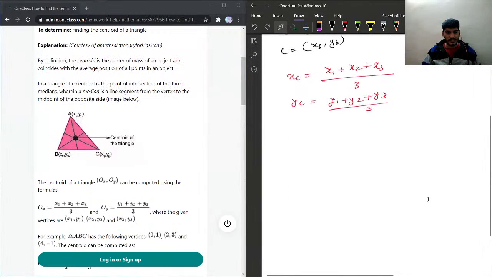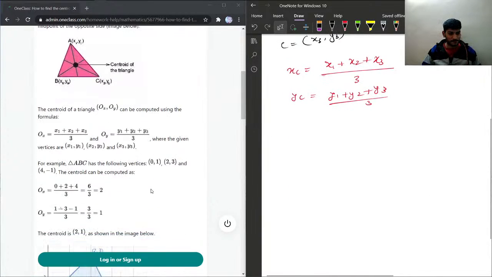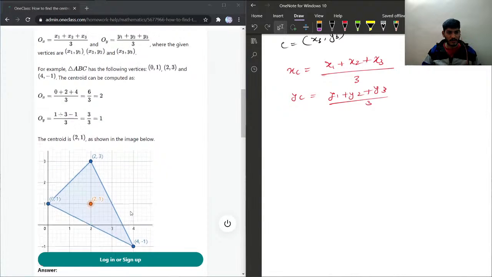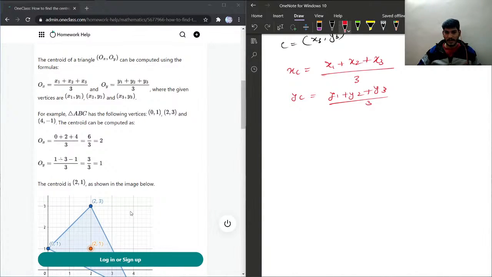So let's take the example given here. This is the triangle you can see in the figure. So we have the coordinates: A is (0, 1), B is (2, 3), and C is (4, -1).